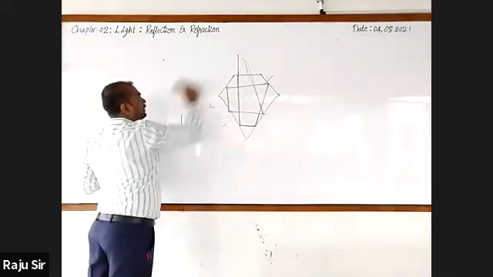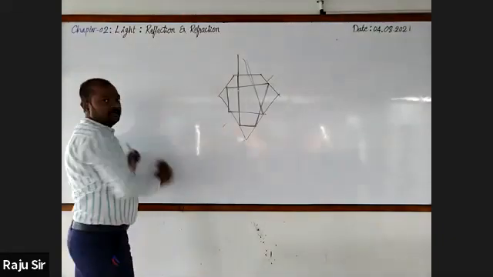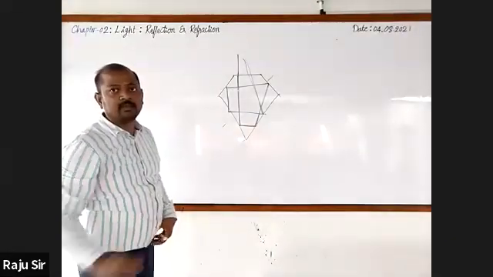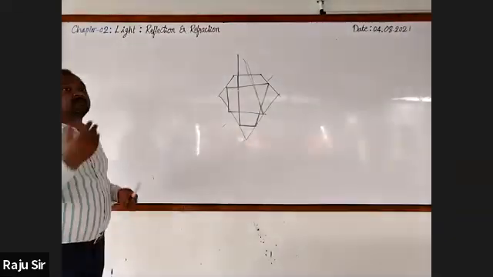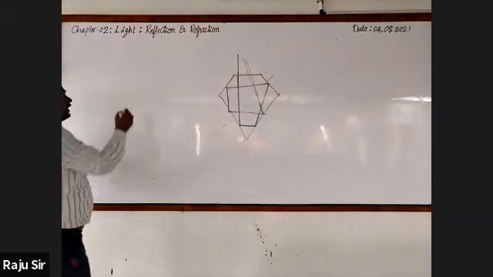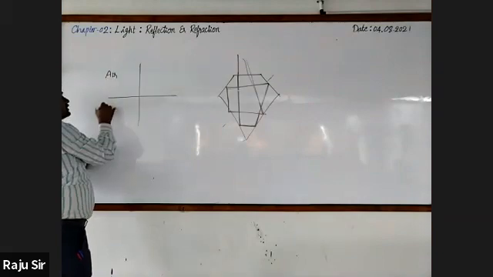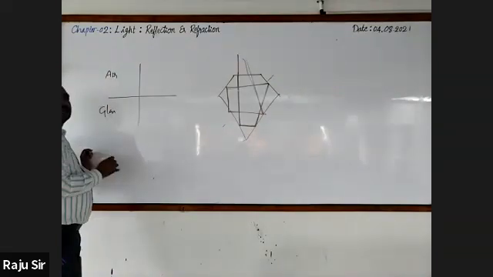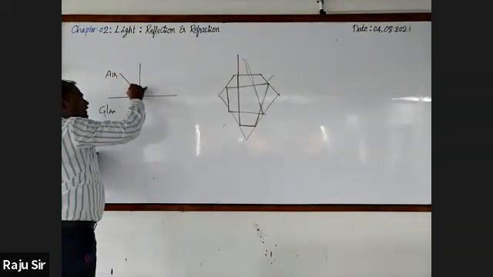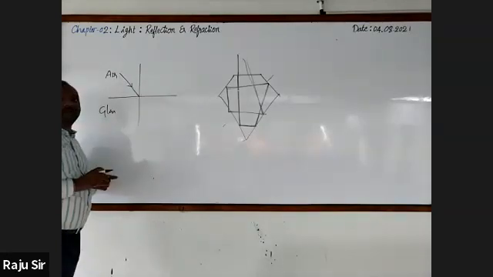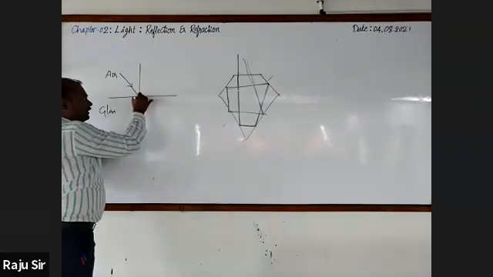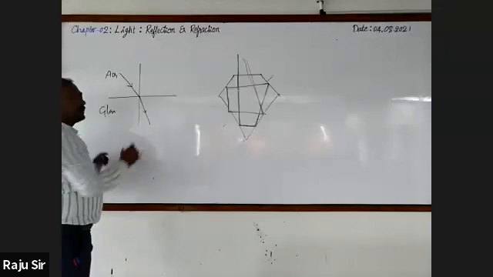You are also familiar with how the light ray bends when it travels from rarer to denser as well as denser to rarer. This is air. This is glass. Ray of light incident. How does it bend? Towards the normal.